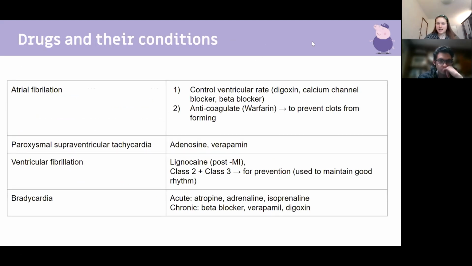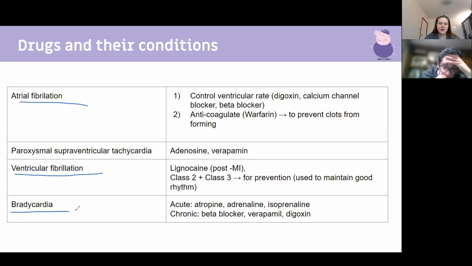On this slide is a summary of the main conditions that your lecture went over. I would be focusing on AFib, ventricular fibrillation somewhat, and bradycardia. Just a reminder for AFib, we also use anticoagulants because of the abnormal impulses, blood's going to pool because it's not pumping properly.